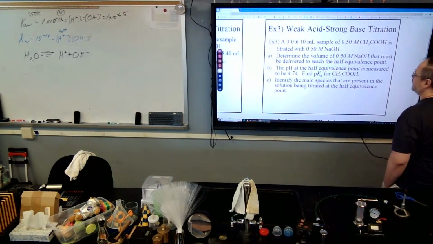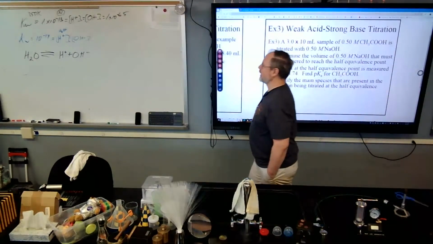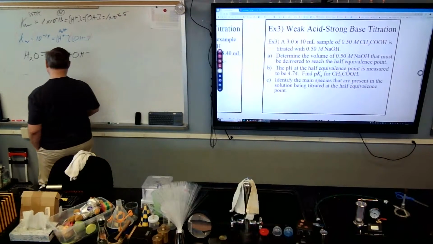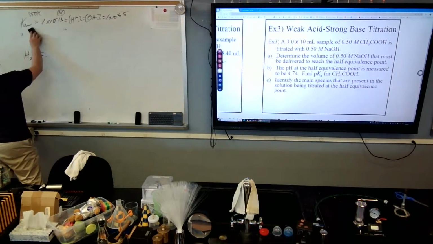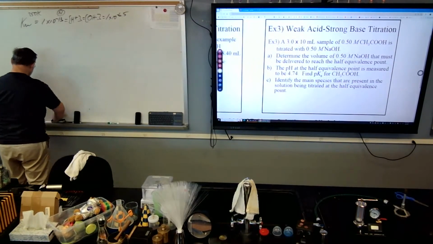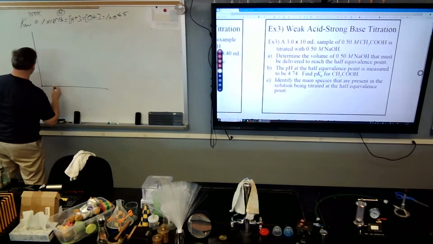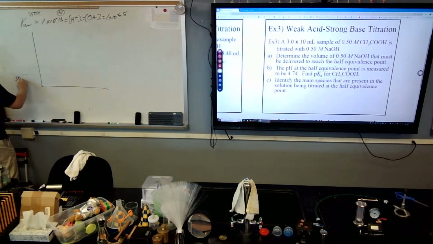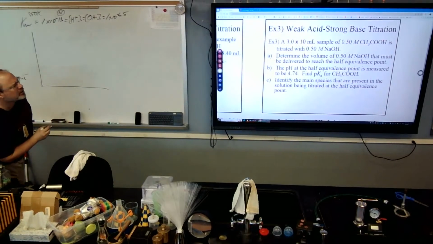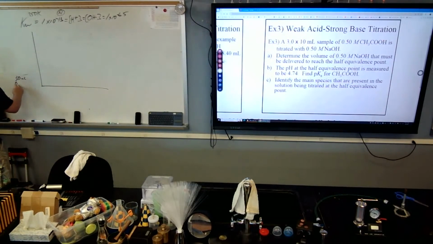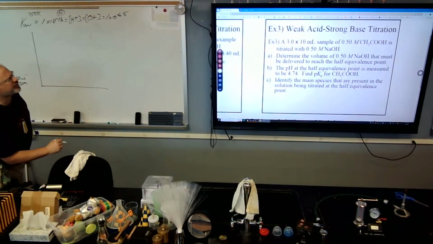They couldn't write 30. It's almost certainly a typo. Let's just pretend it says 30. So we're going to do a titration, and in this titration, we're going to begin with 30 milliliters of 0.50 molar acid.